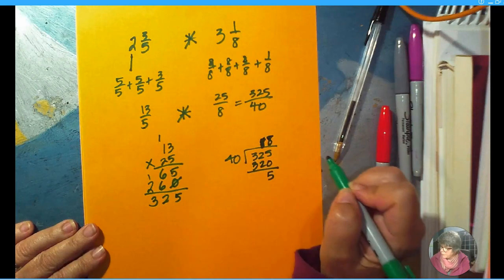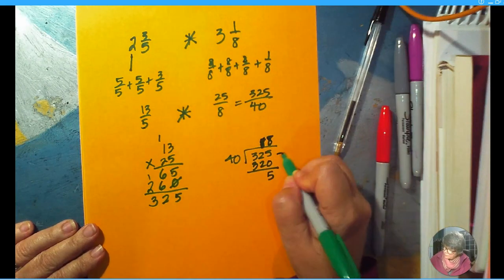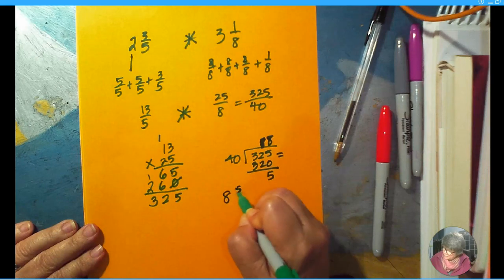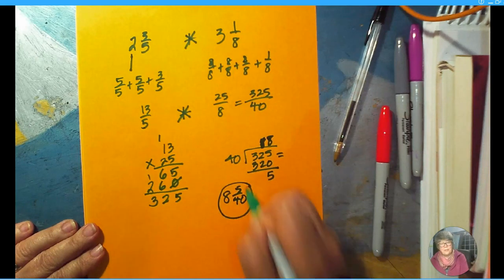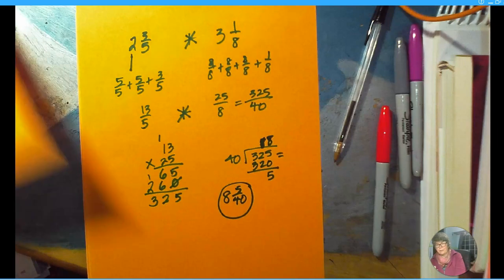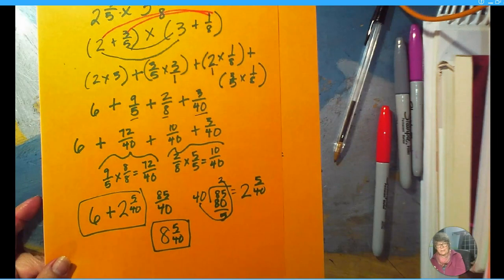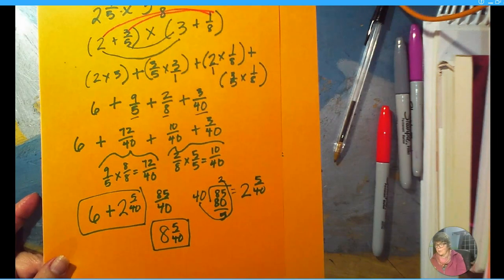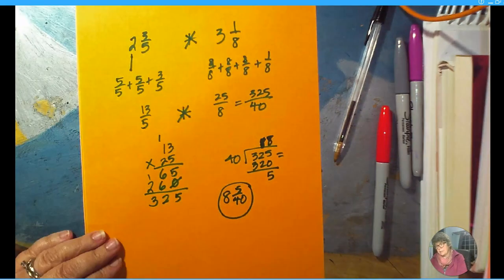There we go. So that's 8 and 5/40ths. Do you remember that number? Does it seem familiar? Yes, it is. Okay, and if this is confusing, you can pause it, you can copy it down, you can think about it, you can ask me about it, right?